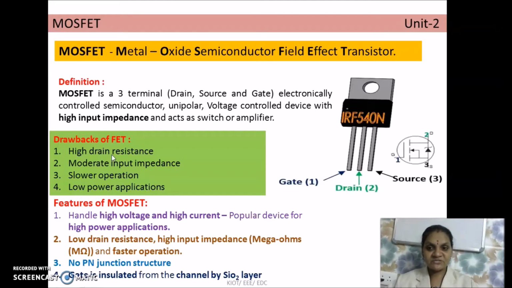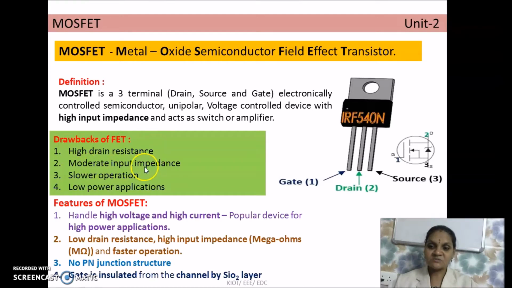Once the reverse bias increases, the corresponding resistance also increases, since that voltage drop contributes to the drain bias. So the drain reverse bias increases, and as a result we say that the drain terminal has high resistance. Because of that high resistance, there may be some drop in the current flowing through the output terminal, that is called the load. That is considered to be one of the drawbacks here.